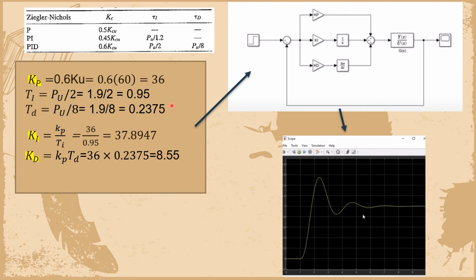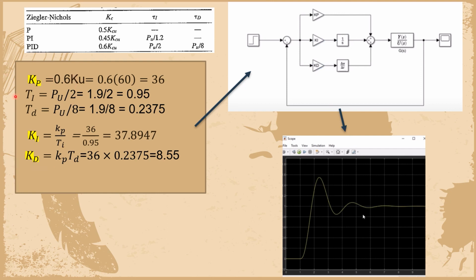After we get our Ku and Pu, we can proceed to the next stage, which is to find our new Kp, new Ki, and new Kd. Basically, Ti, tau I, and Td, tau D, we key into this formula to get our Ki and Kd.